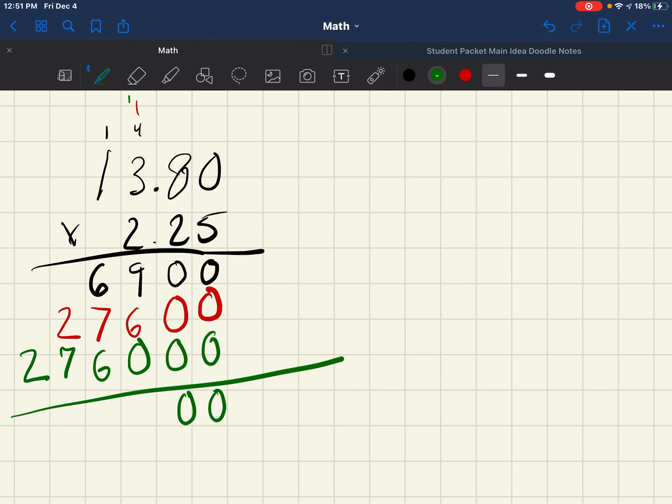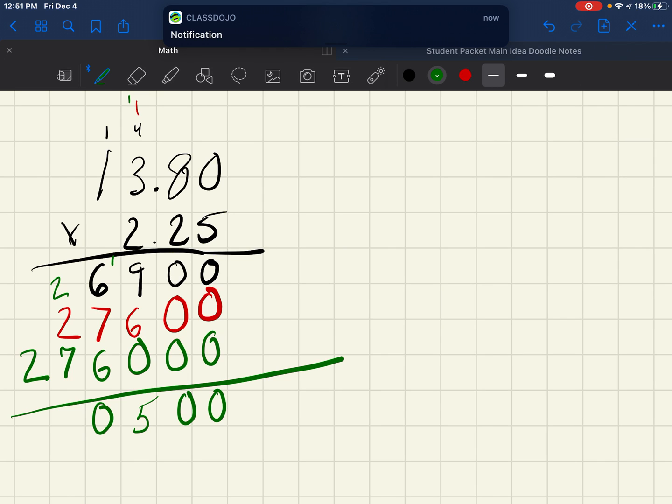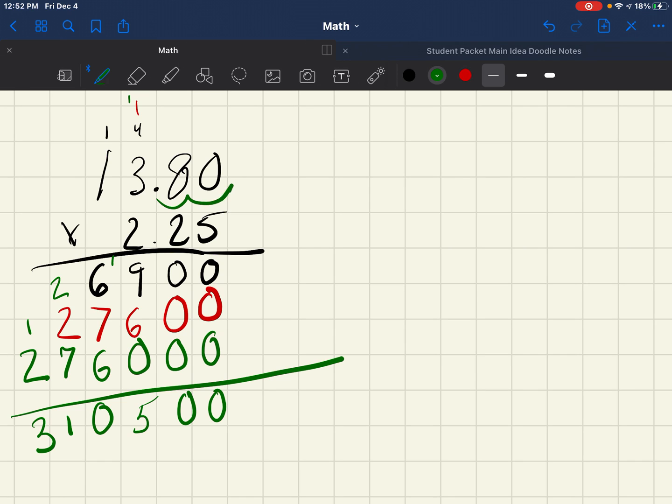So we add it up. 9 plus 6, 15. And let's do that. 7, 8, and 12 would be 20. 7, 8, 9, 10, 11. There we go.